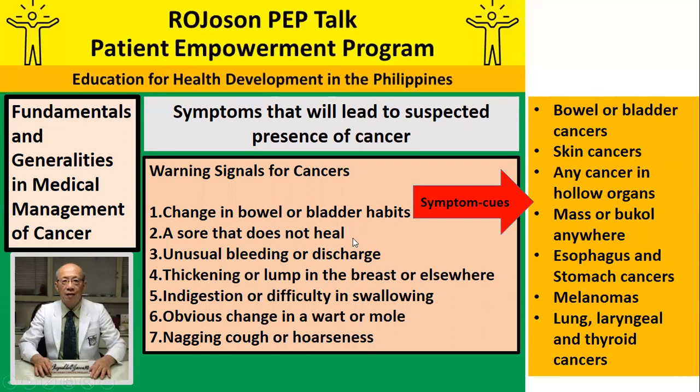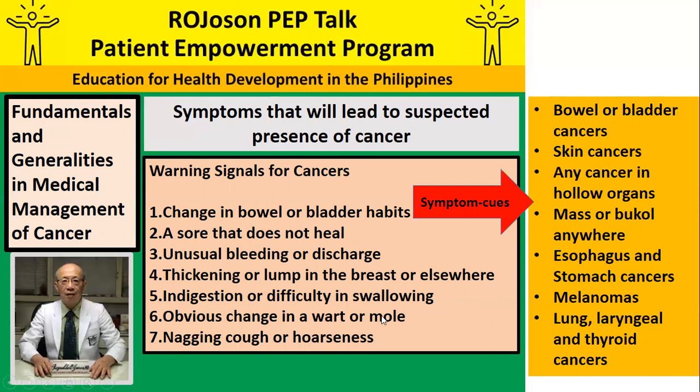A sore that does not heal: skin cancers. Unusual bleeding or discharge: any cancer in the hollow organs. Thickening or lump in the breast or elsewhere: mass anywhere. Indigestion or difficulty in swallowing: esophagus and stomach cancers.